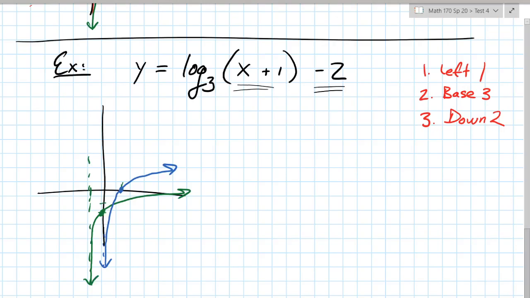If we'd like one more point, what we can use is the base 3 to pick a point. What are convenient values to pick? Well, some values that we might want to pick for log base 3 of something, the values in here that would be convenient would be powers of 3.